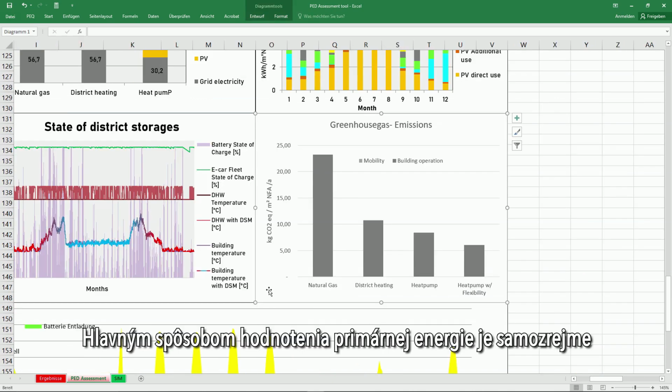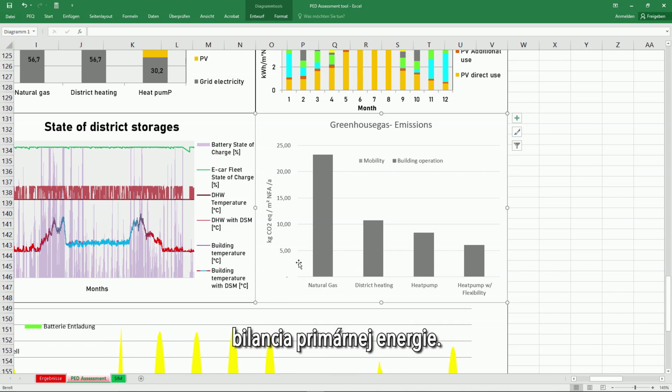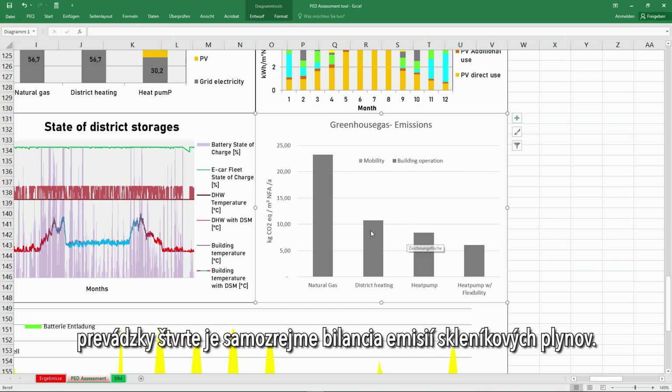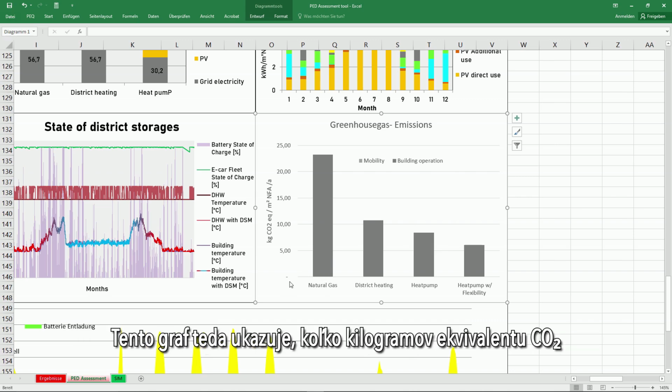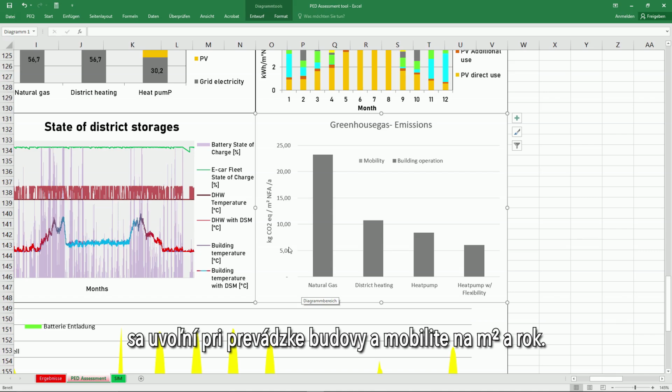Now, the primary energy balance is the main way to assess the positive energy district, of course, but another very important aspect of district operation is the greenhouse gas emission balance. This diagram shows how many kilograms of CO2 equivalents are emitted by the building operation and mobility per square meter and year.